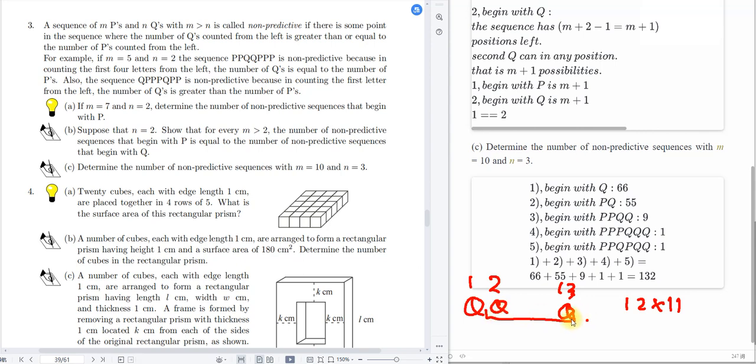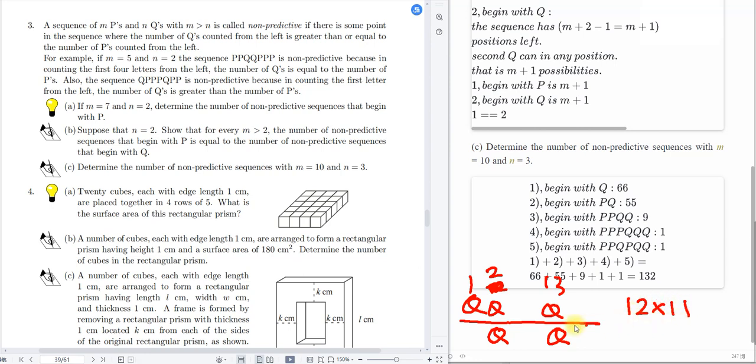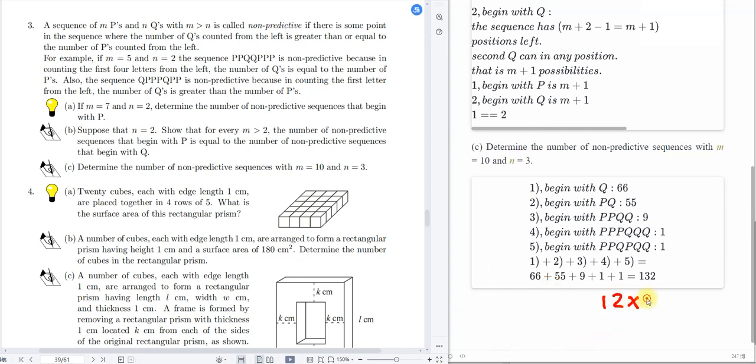But if the second Q is in position 30 and the third Q is in position 2, it's exactly the same. So that means 12 multiply 11 counted every possibility twice. So we need to divide by 2. So that is 66. Okay, so beginning with Q is 66.